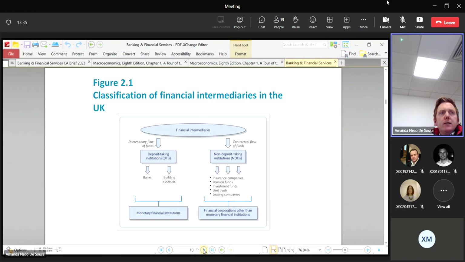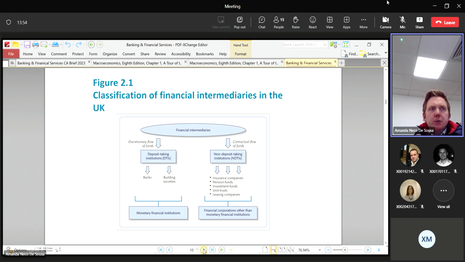On the left-hand side there, you can see those institutions that take deposits, like banks or building societies. Building societies in particular specialise in savings and mortgages, and are similar in many ways to credit unions.